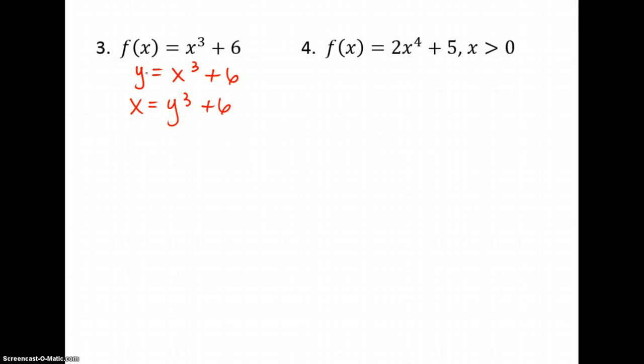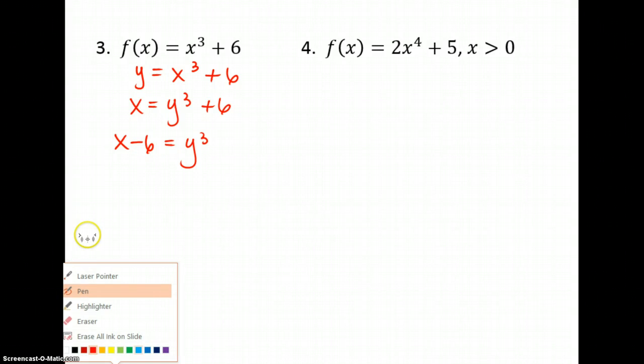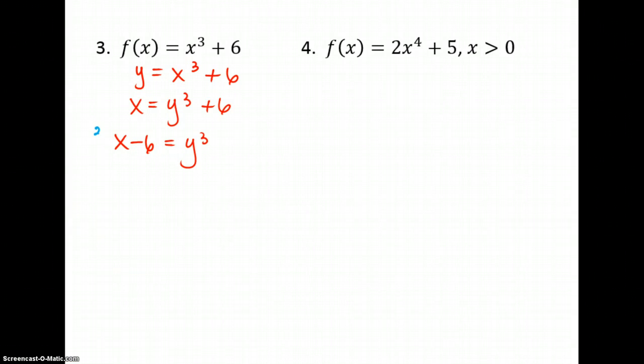And now we're going to solve for y. Start by subtracting 6. x minus 6 equals y cubed. And now, just like when we were solving equations, to remove that cubed off of the y, we are going to cube root both sides. Now be careful, because you are cube rooting the entire side, not individual terms.